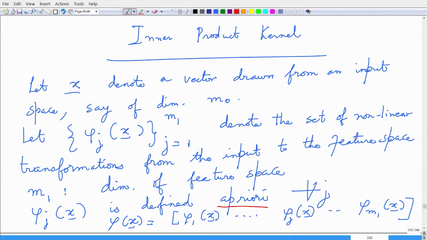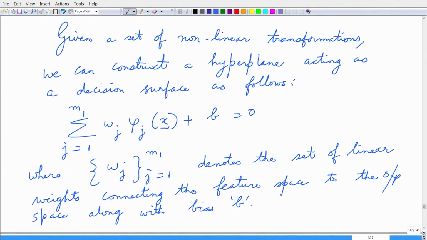All these phi j's are basically scalar quantities and phi of x is basically a vector in the feature space, and that is an important detail. Now I defined what this feature vector is, but I have not linked this feature vector to the kernel. So we will evolve this idea.